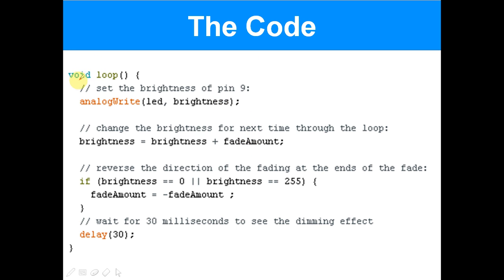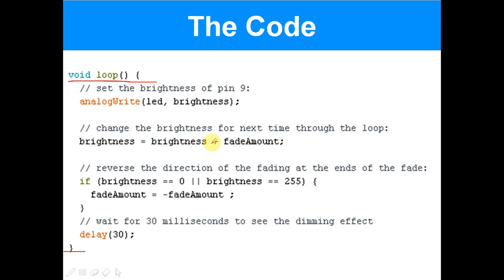So, void loop runs forever, so this will just repeat over and over again. It says here, set the brightness of pin 9. analogWrite LED, brightness. So this is saying now, analogWrite, LED is pin 9, brightness is 0. So it's basically turning the LED off. Now, change the brightness for the next time through the loop. brightness = brightness + fadeAmount.